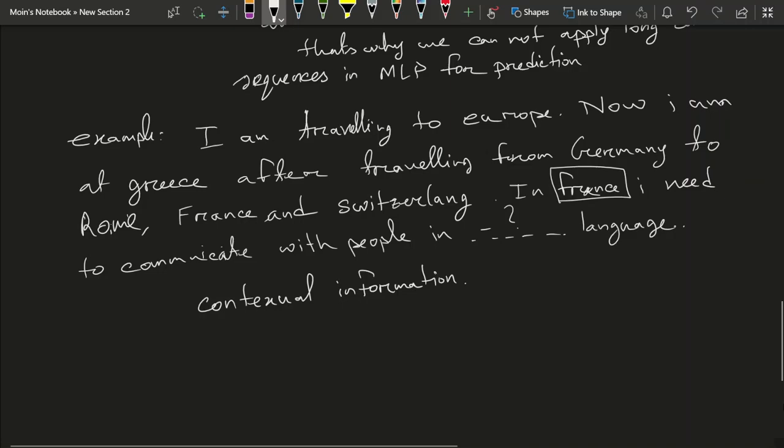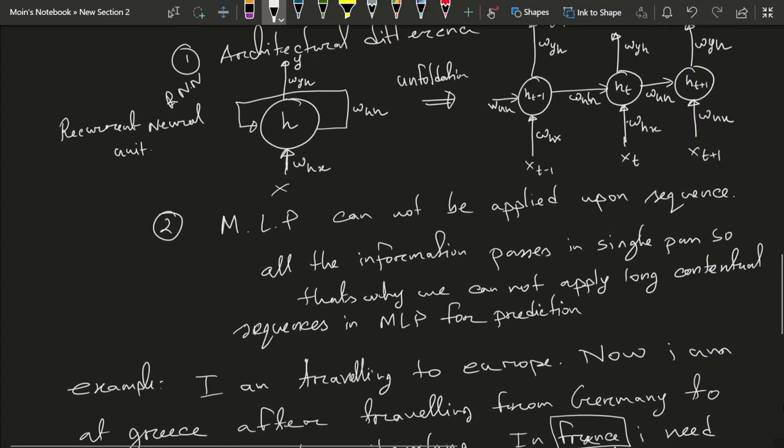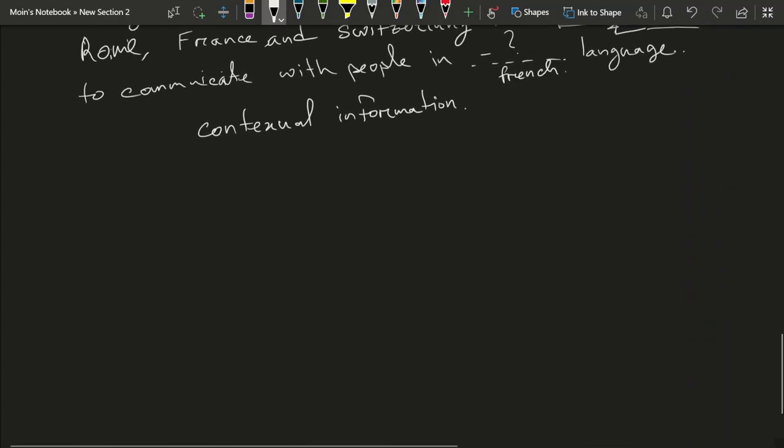So that's why the appropriate word that comes here is French language, which cannot be performed by a multilayer perceptron, because a multilayer perceptron is a single layer neural network, so it will not be able to process or capture the context of previous sequences. So for that, there is an upper hand of RNN.